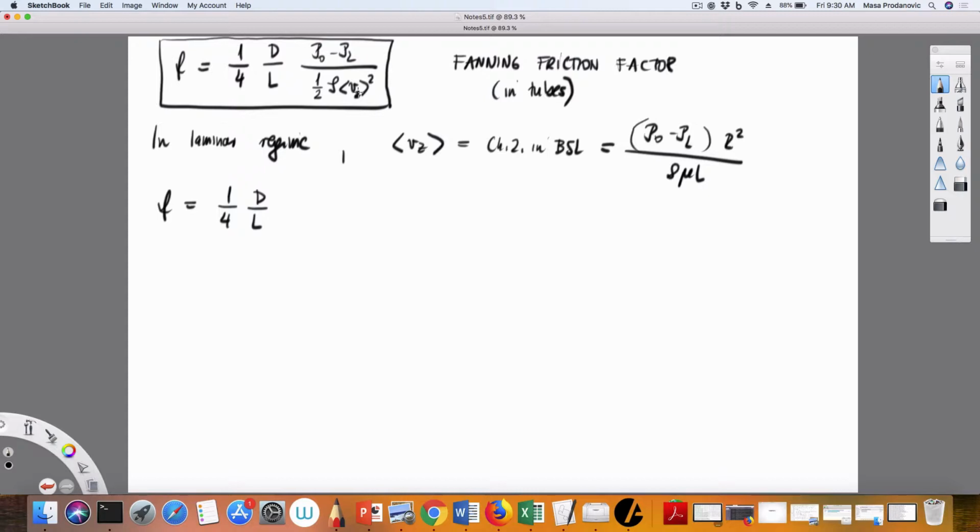It is better to actually get rid of the pressure. So I'm going to express this and plug in.